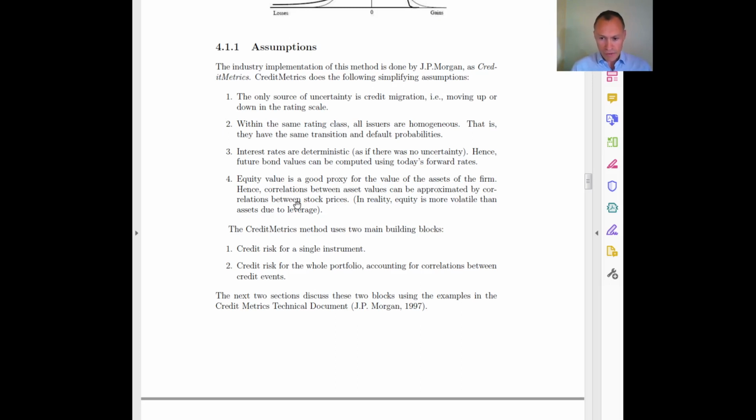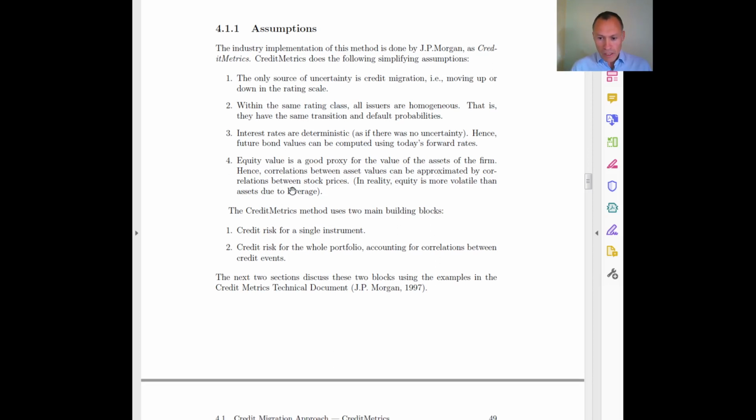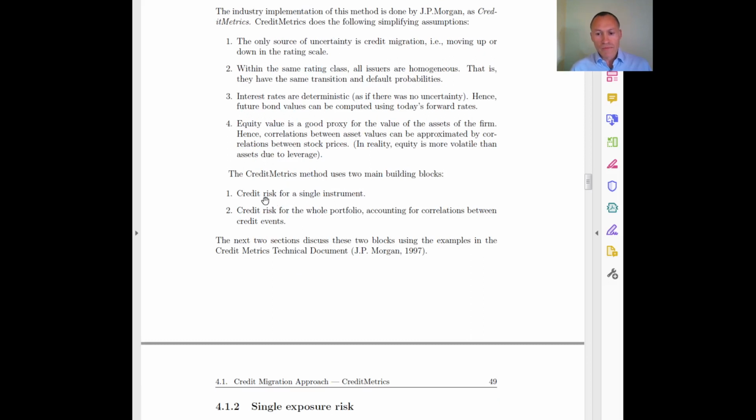In particular, we're going to use equity values to estimate correlations. There are two building blocks in this model. The first one is just for one single obligor, and then the second building block is the real thing for the whole portfolio. In this video, we're going to look at the first block, and then in the follow-up video, we'll look at the second block.